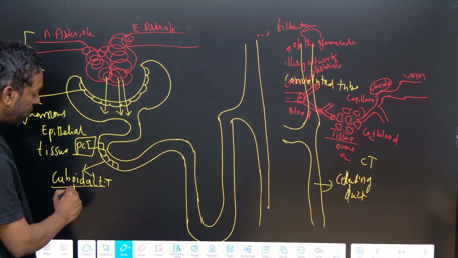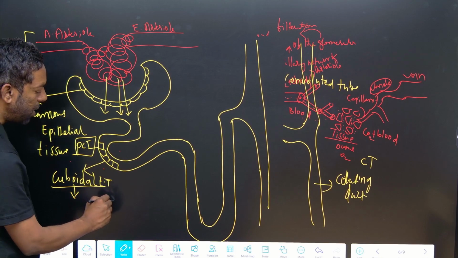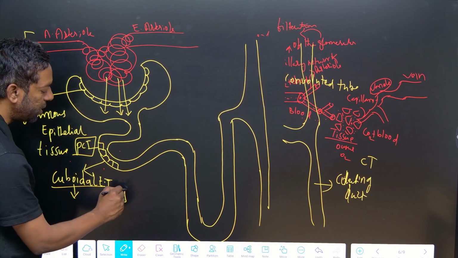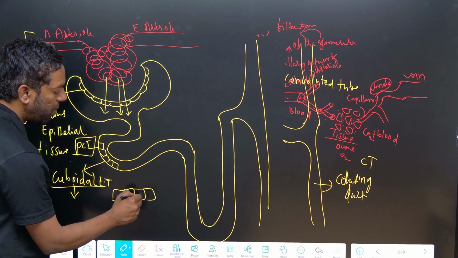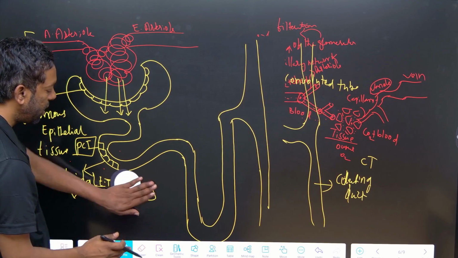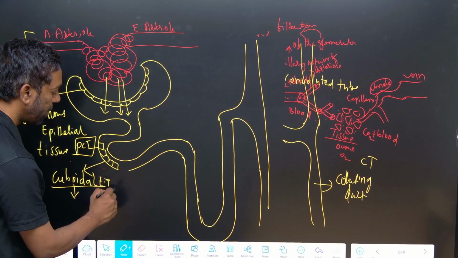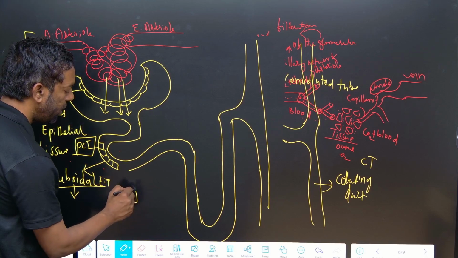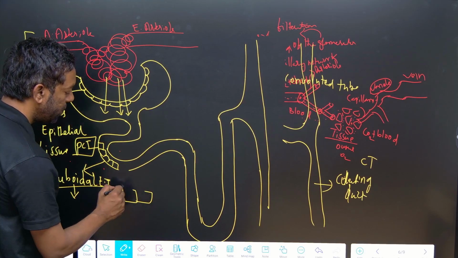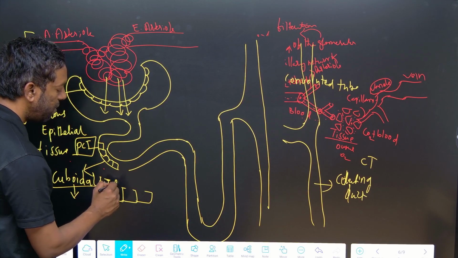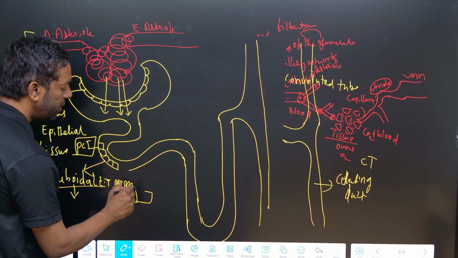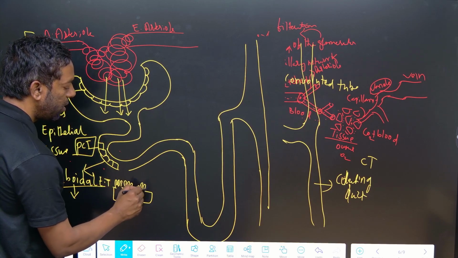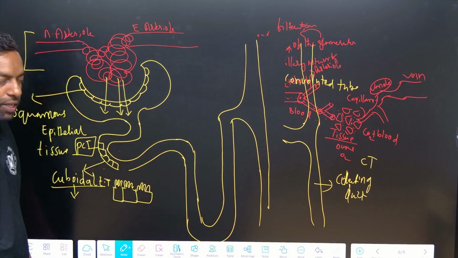So this cuboidal epithelial tissue, this cube-like structure, is modified into brush border cuboidal to increase the surface area.